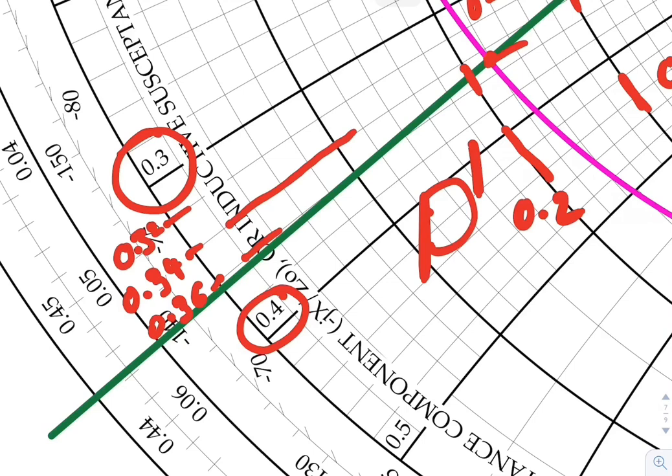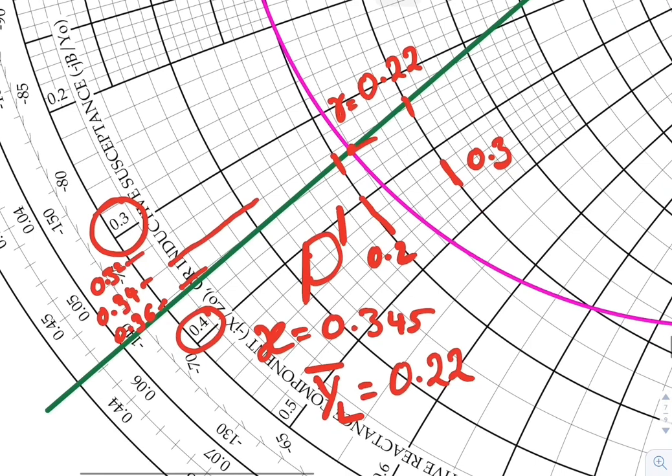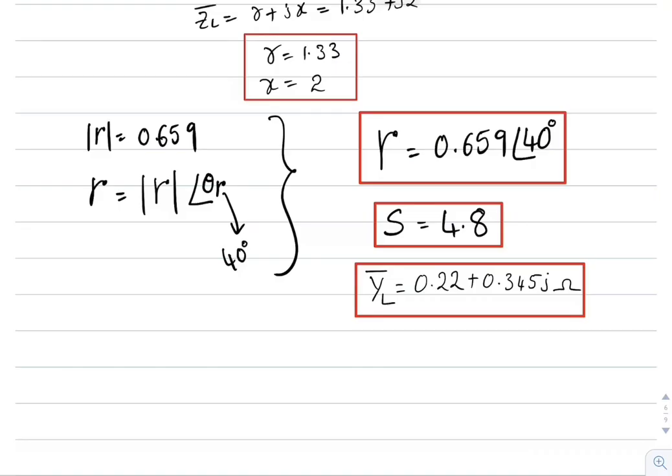Let's call it 0.345. Therefore X equal to 0.345. Now I can write normalized load admittance equal to 0.22 plus 0.345j. But what we require is not normalized load admittance, we require load admittance.